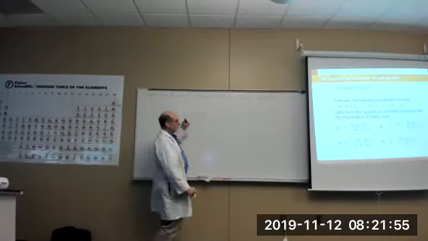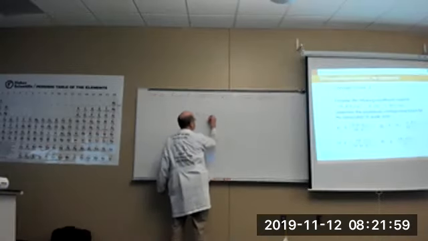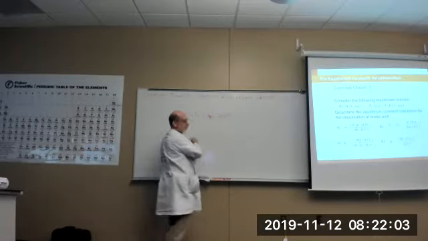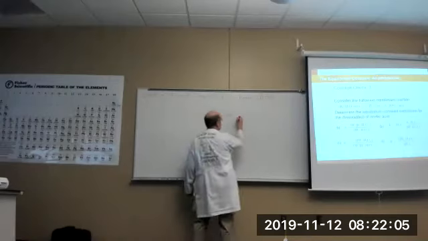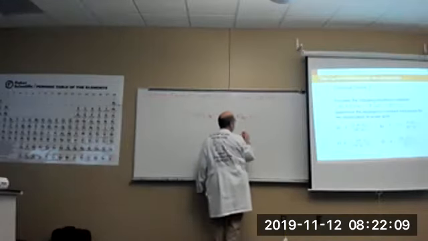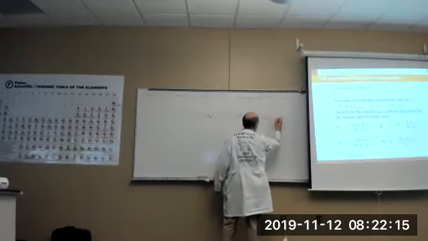So if we put this in solution, what is it going to do? Some of those hydrogens are going to leave that solution and end up like that and leave behind the acetate ion.